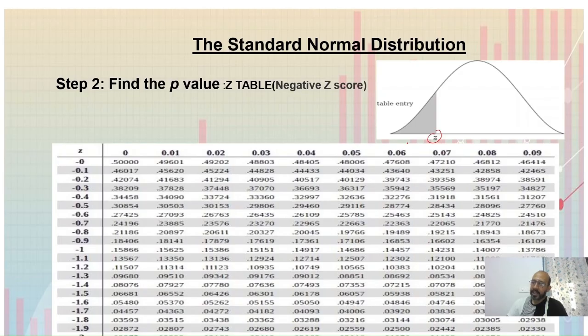Corresponding values which are less than the mean are marked with a negative score in a Z table and represent the area under the bell curve to the left of Z.